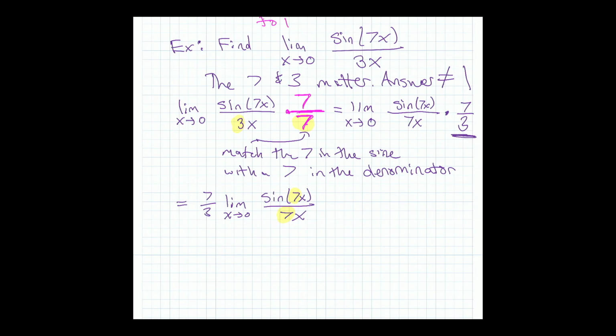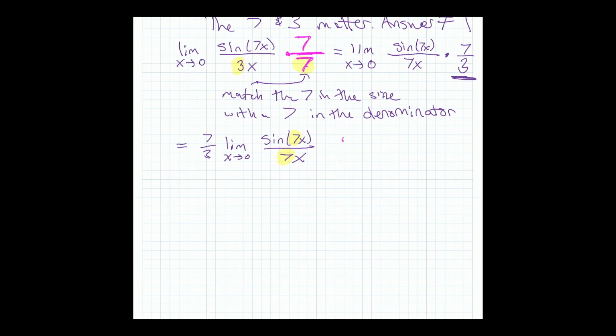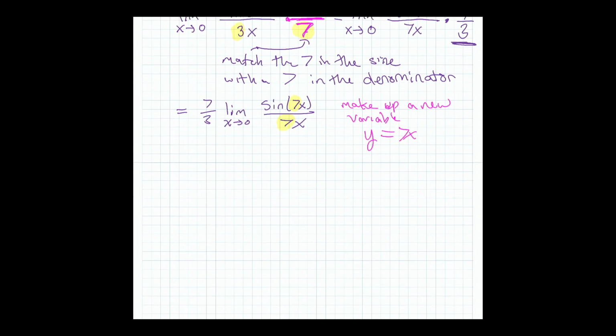The reason that that works is because if you just made up a new variable, let's call it y, and it's equal to 7x. Okay, so basically if you just replace your 7x's with y, then you would get 7/3 limit as y goes to 0 of sine y over y.